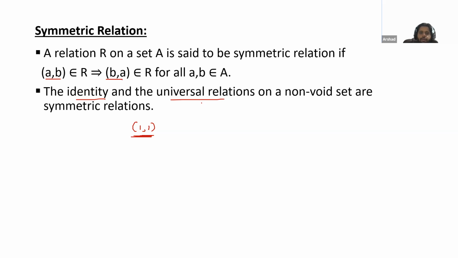Because in universal you take all the ordered pairs, so the opposite of any ordered pair will always be present. For example, if we have 1 comma 2, then its opposite is 2 comma 1. So in a universal relation, if you take all the ordered pairs, then definitely it will be present.